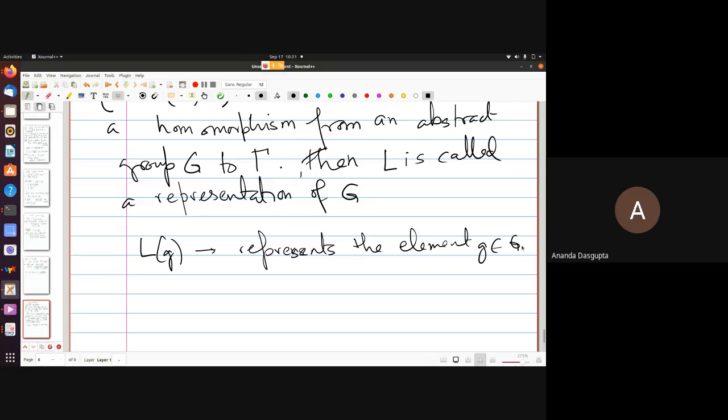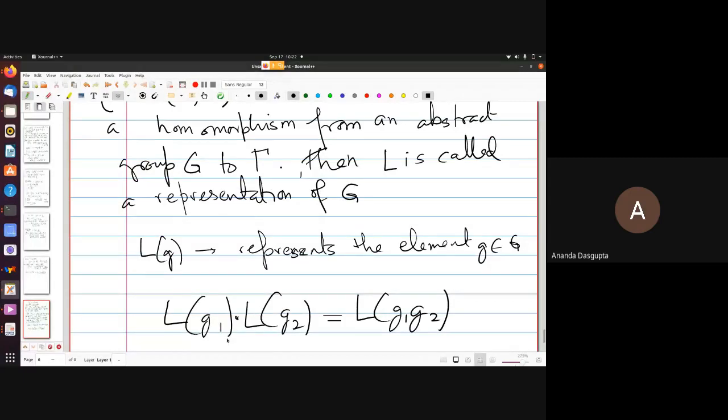We are demanding that this be a homomorphism. That is, L(g1 g2) = L(g1) L(g2). Of course, here g1 g2 is a product using the abstract group product, and this L(g1) times L(g2) is of course the product of operators, that is, do one transformation after another.